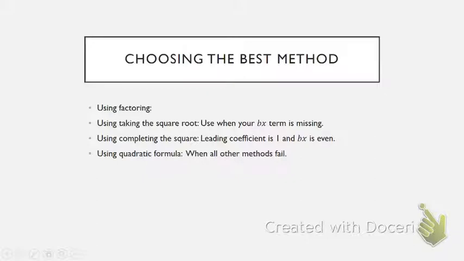If you watch my first review, we had x squared plus 5x plus 6. The 6 can be factored into 2 and 3, and that quickly adds together to give you 5. That was a very obvious method of solving that.